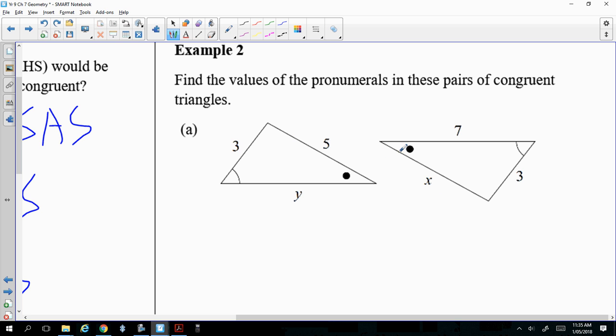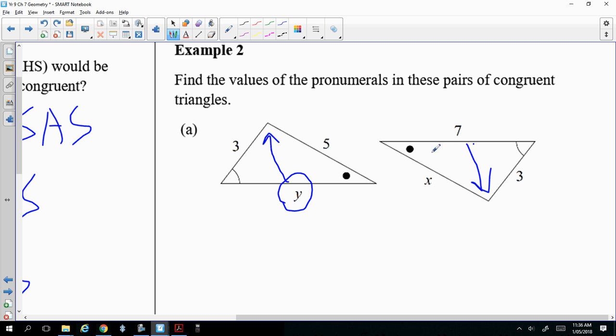So let's start with y. Okay, now y is 7. How do you know that? Now let me show you a trick. y is opposite to this angle, right? 7 is opposite to this angle. If they're opposite to the same angle, they must be the matching sides, isn't it?